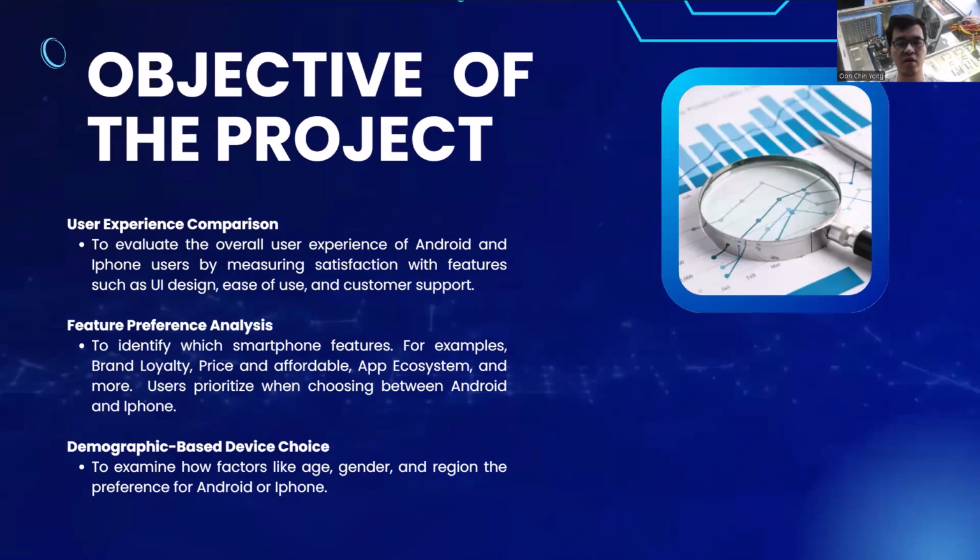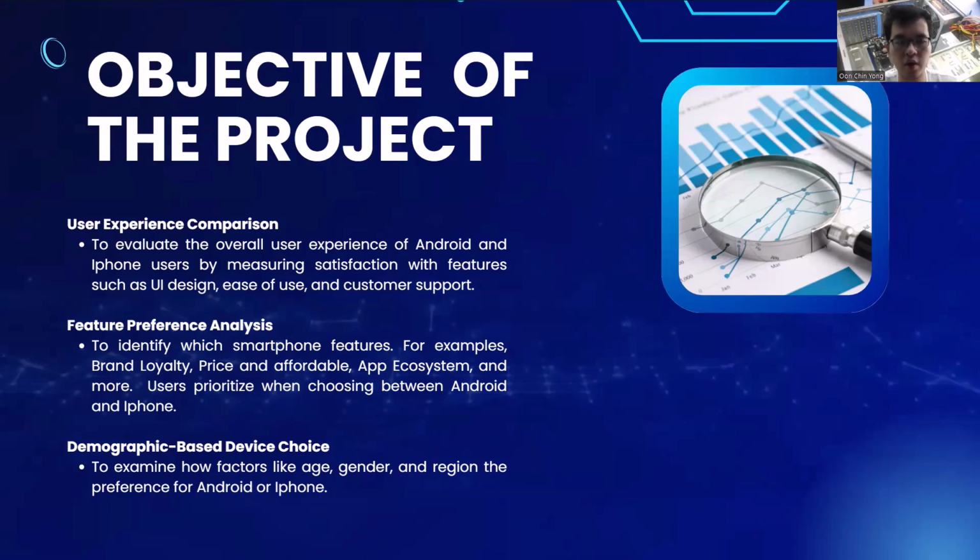Our objective of the project is to improve the user experience comparison, to evaluate the overall user experience of Android and iPhone users by measuring satisfaction with features such as UI design, ease of use, and customer support.